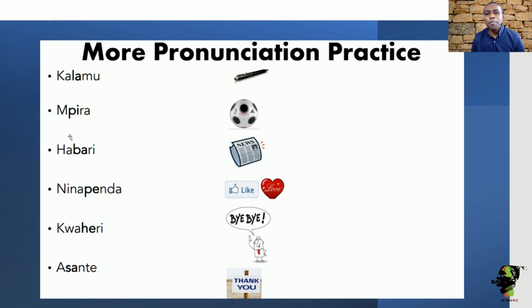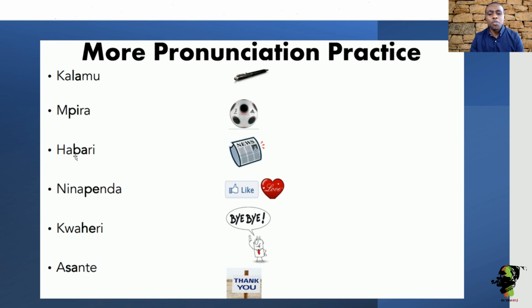Then we have some more pronunciation practice that I would like you to try. How do you pronounce the word pen? Can I hear from you? Kalamu. Very important. We have the second word, ball. How do you pronounce it? Mpira. Again, put the emphasis on the PI because that's where the second to the last syllable is.